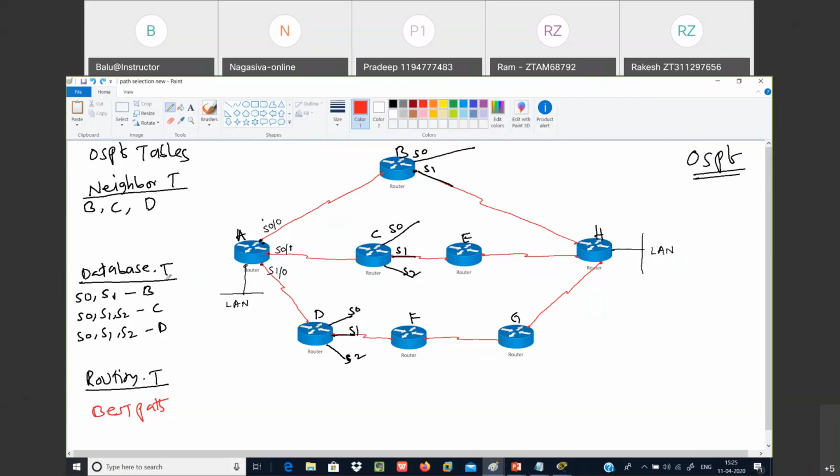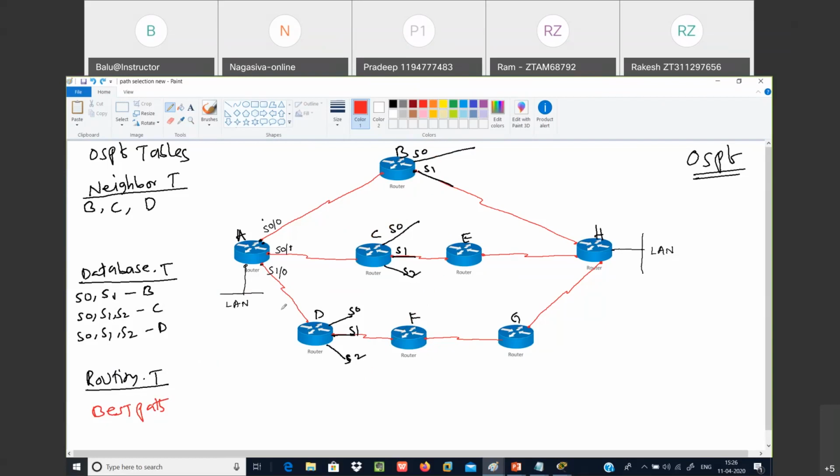And what does the OSPF database table contain? The OSPF database table contains all possible routes or available paths from source to destination. It can go via A to B, B to serial 0, B to serial 1, C to S0, serial to S1, S2, like all possible paths, the entire view of the topology. What does the OSPF routing table contain? Only the best route.